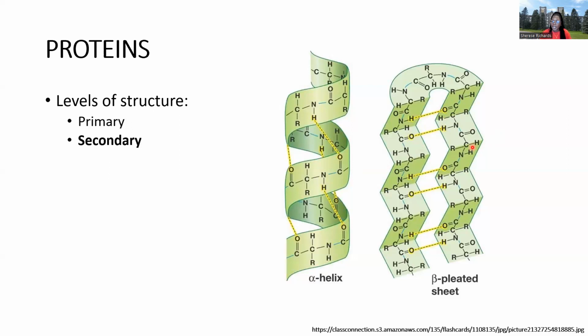Here we have the pleating of this peptide chain or protein chain, which creates this really interesting pleated pattern, which we call the beta pleated sheet. All right, so the secondary interactions among an already formed peptide chain give us a different structure to the protein, which is the secondary level of structure.